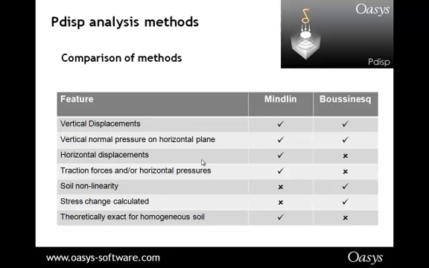So if that's more important for your design, you can go for the Boussinesq. But when you carry out the analysis in Pdisp, one useful feature is that it gives you a comparison of the two analyses. It'll say at a specific point, the worst case difference between the Mindlin and Boussinesq analysis is X number of millimeters, and that can be quite helpful.